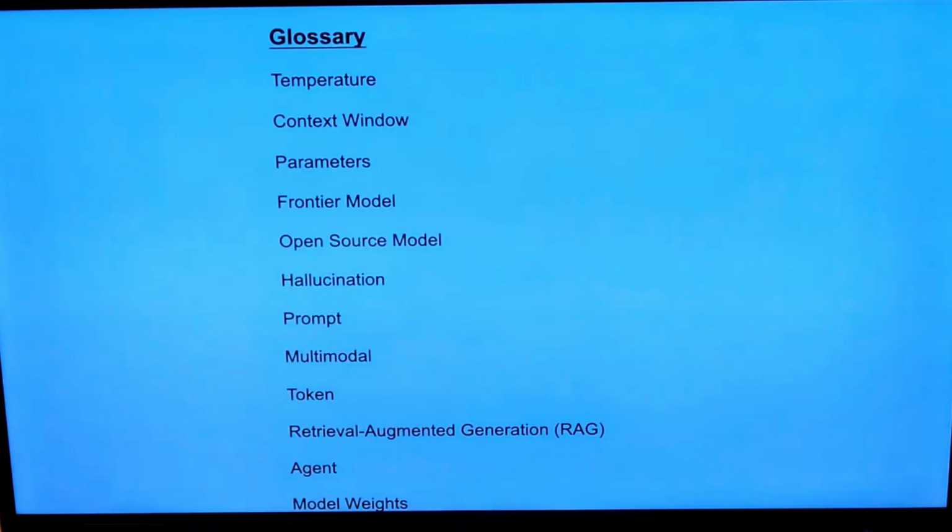Yeah, and model weights is essentially the training data really. I'm just trying to think of a reasonable analogy, but you could think of a model essentially as a database, and the information that's in there has different weights.